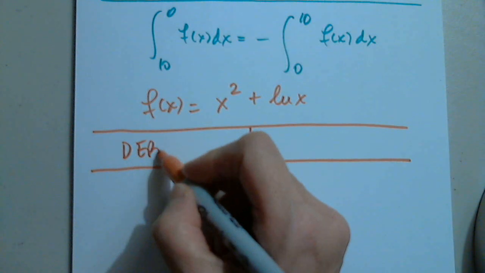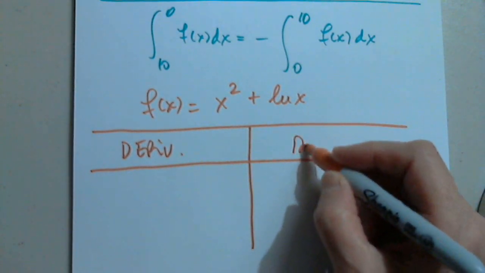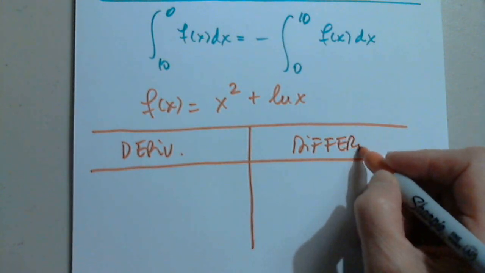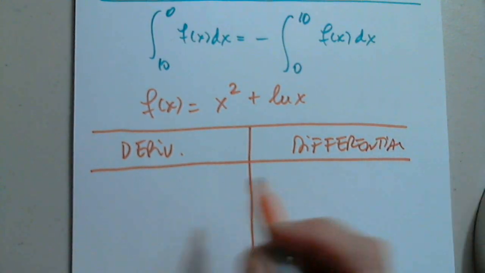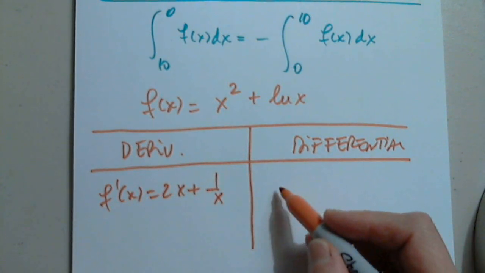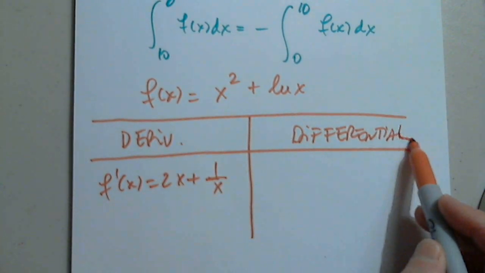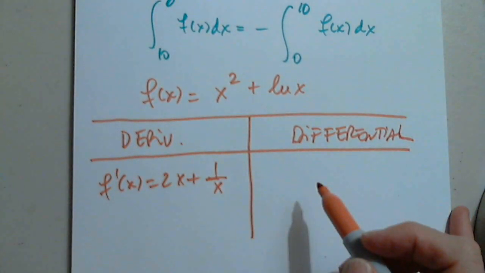Can anyone give us a derivative and the differential? The derivative is 2x plus 1 over x. Good. And the differential?